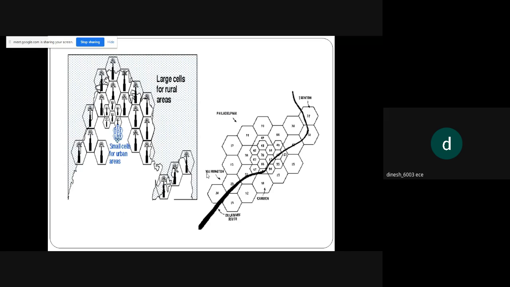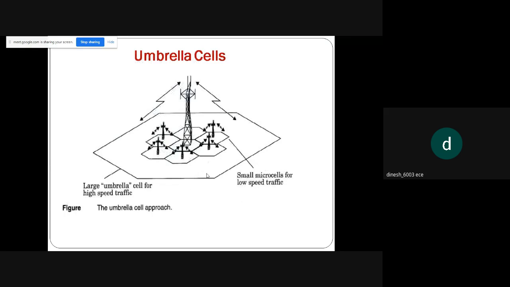So the same umbrella concept which I had shown you, cell splitting.